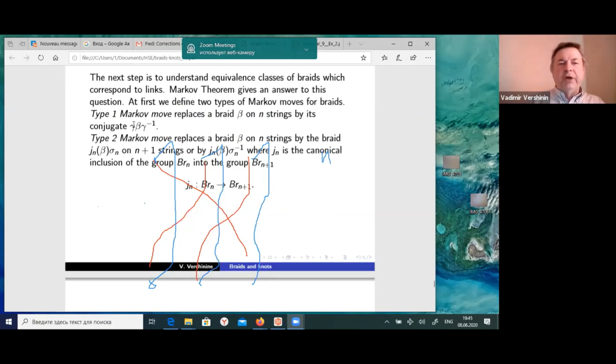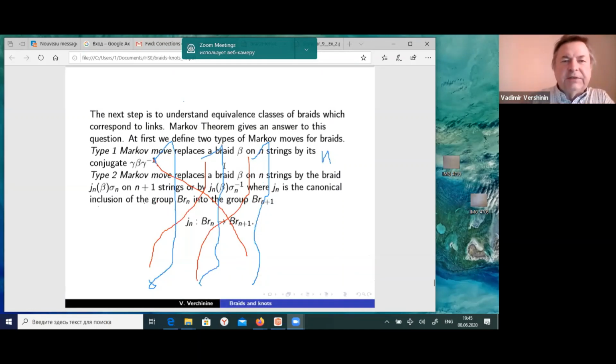You have a braid and you consider its conjugate, just in the algebraic sense. Then it's a little bit more complicated. This map, from braids on n strands to braids on n+1 strands, and then multiplying by sigma n. So this is another Markov move.